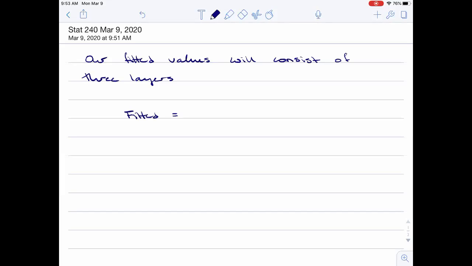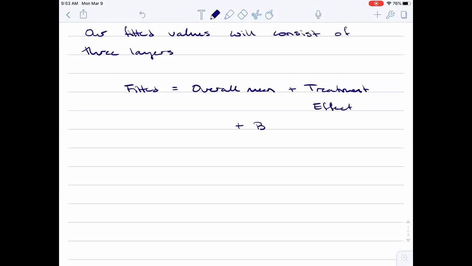Our fitted value is going to be the overall mean plus the treatment effect plus the block effect. Sorry, I ran out of room there. So you think about it as, you start with your grand mean, and then you add or subtract your treatment effect for each row, right? And then you add or subtract your block effect, right?